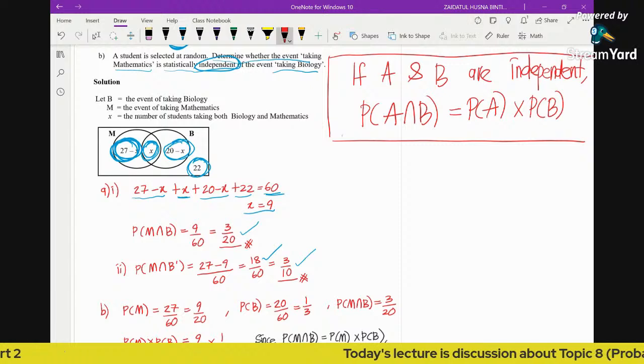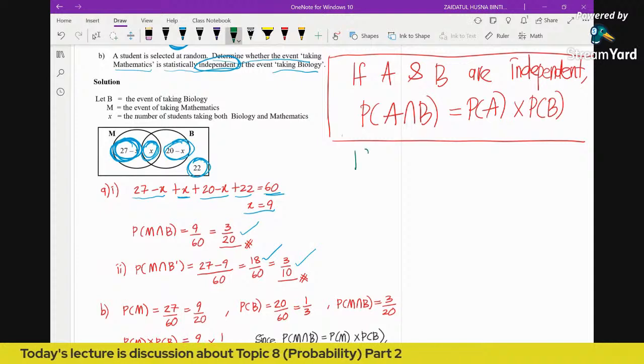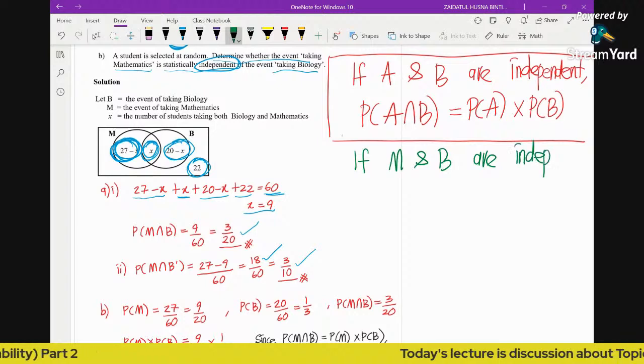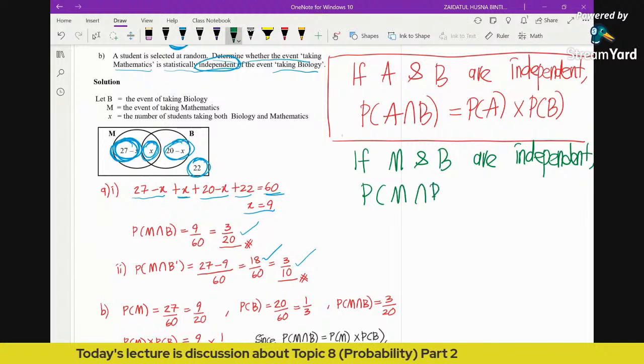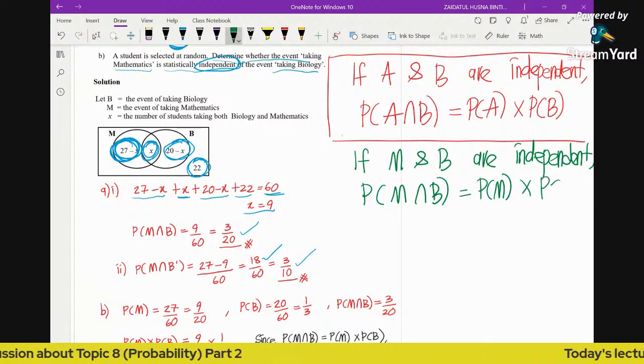Now we change the A and B to be M and B. So if M and B are independent, thus probability of M intersect B is equal to probability of M multiplied by probability of B.